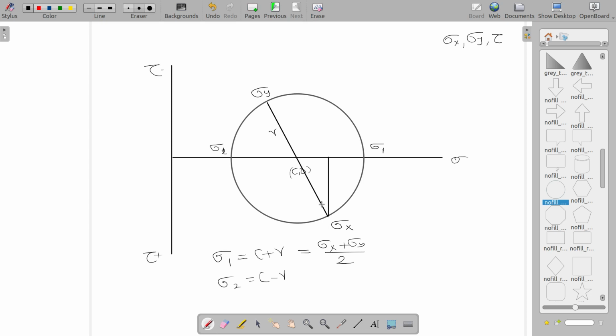And what is radius? This is the radius. How do we find out the radius? If this is sigma x and this is sigma y, so this is tau value, right? And that is equal to this length. So now we want to write radius. This is the radius of the circle, and this height is tau. And what is this length?